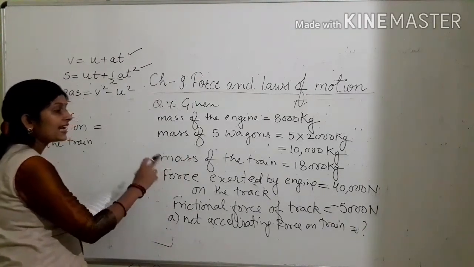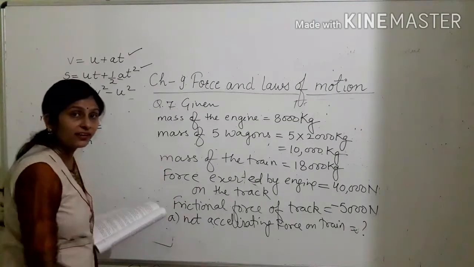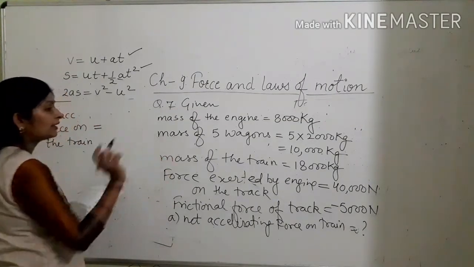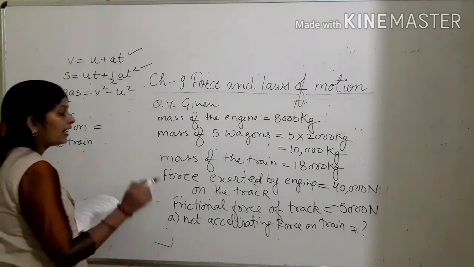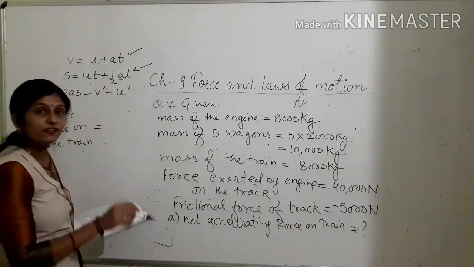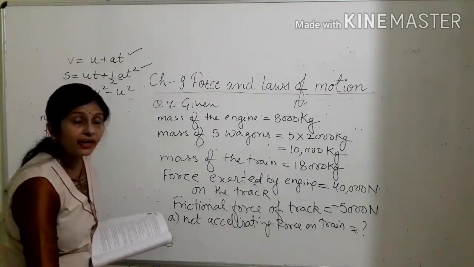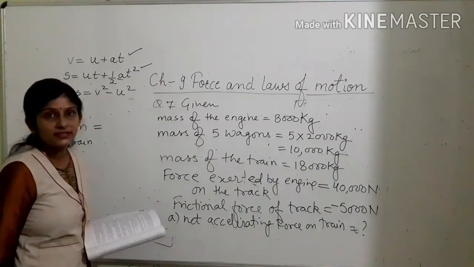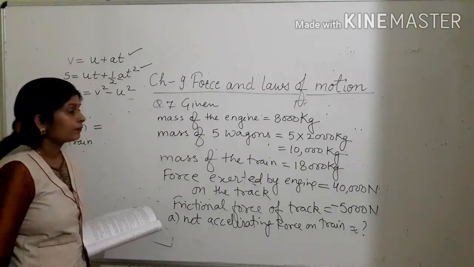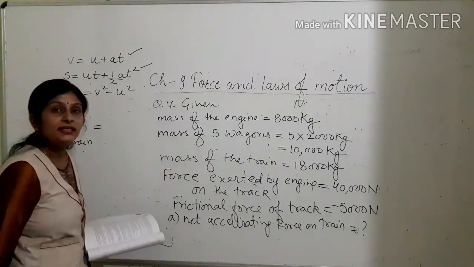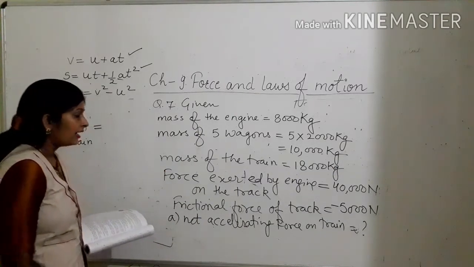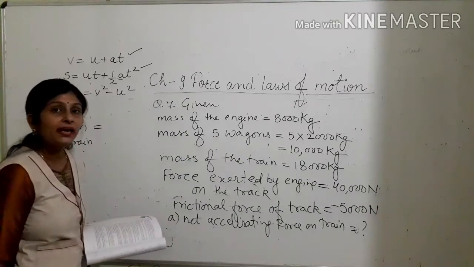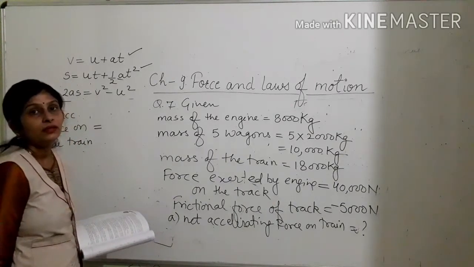One force is exerted by the engine on the track, that is 40,000 Newton, and one force which is a frictional force exerted by the track on the train. So there are two forces acting here. One is exerted by the engine and one is exerted by the track.